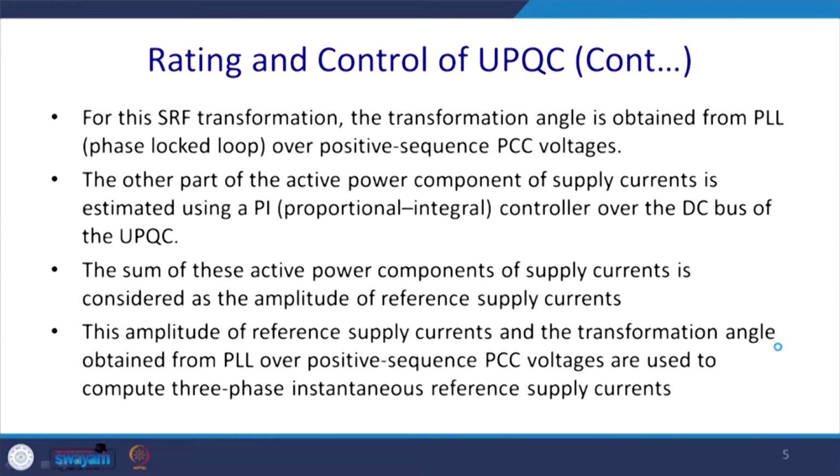For SRF transformation, the transformation angle is obtained from the PLL. The PLL is a very important entity. We require to talk about the PLL in detail. That will be done hopefully next class.